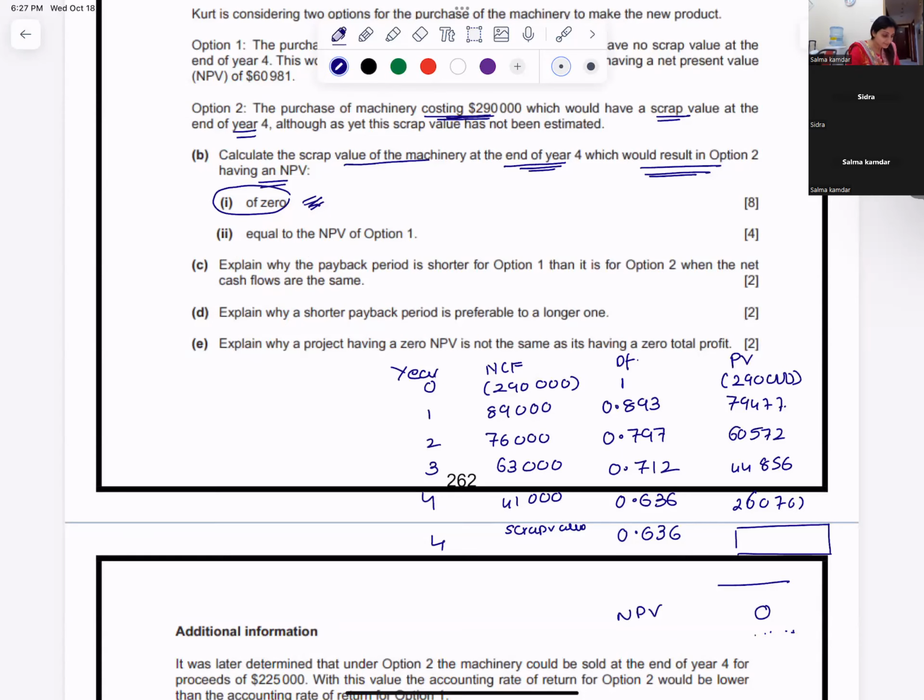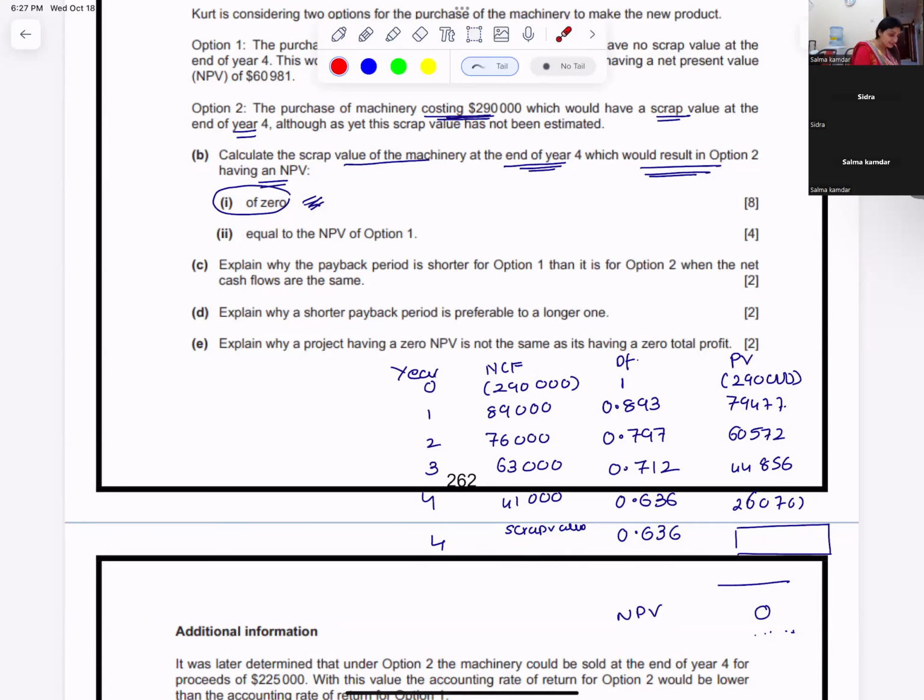You might receive something over here that you will multiply by 0.636, and you will get the present value of the scrap that you're going to get at the end of year 4.